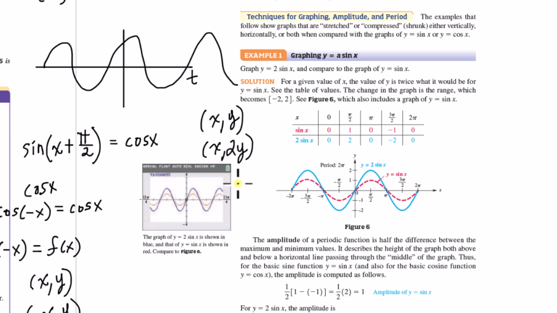That's stretching it by a factor of 2 about the y-axis. Then what you do is you go to the equation and you multiply each of the variables you're interested in, so there's only one y variable out front, by the reciprocal of that.